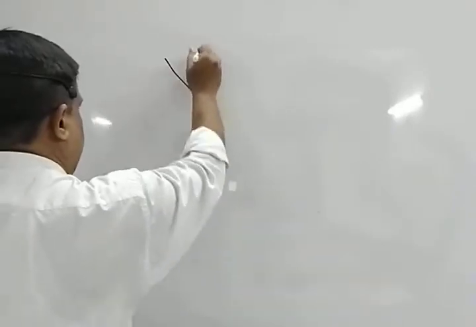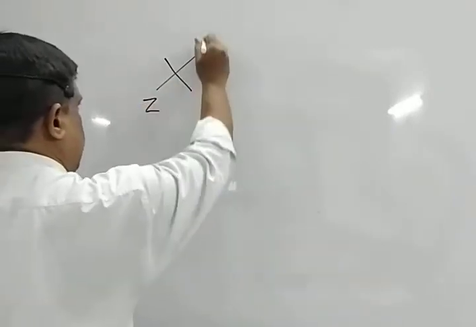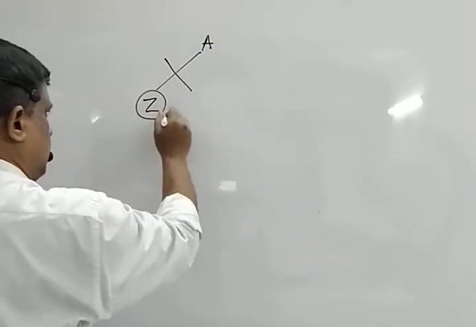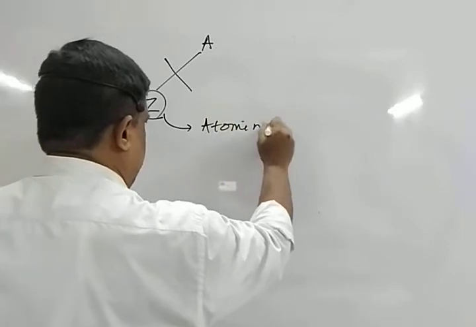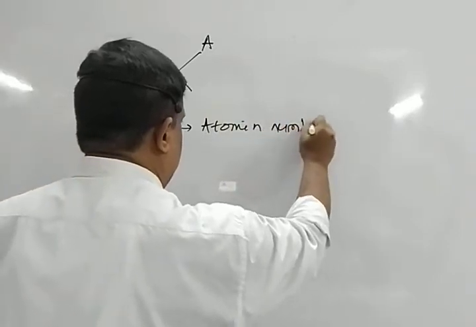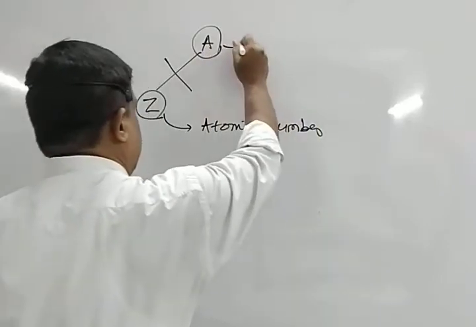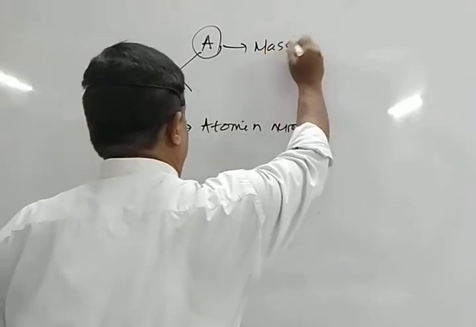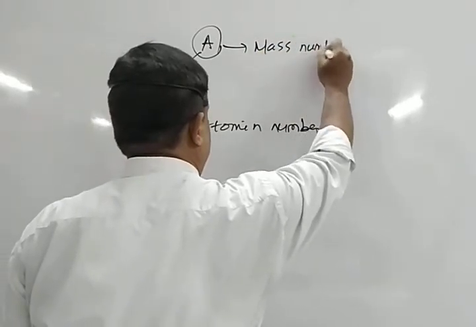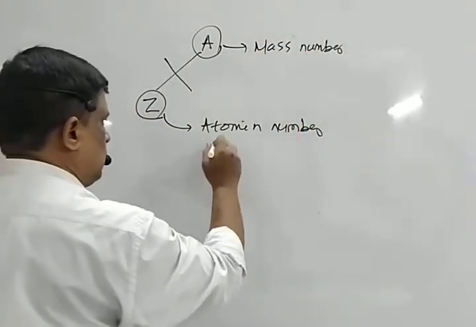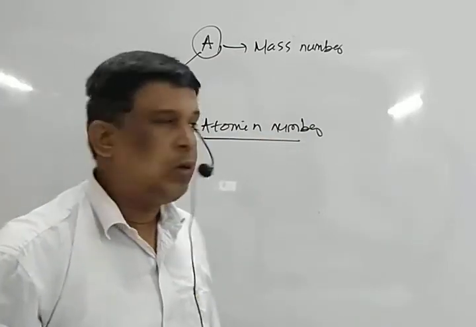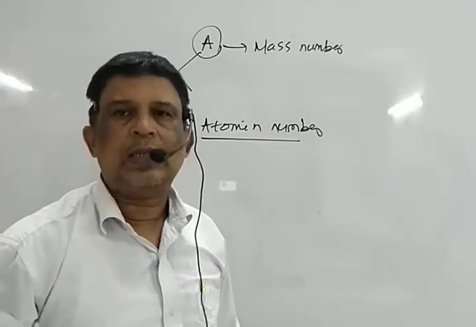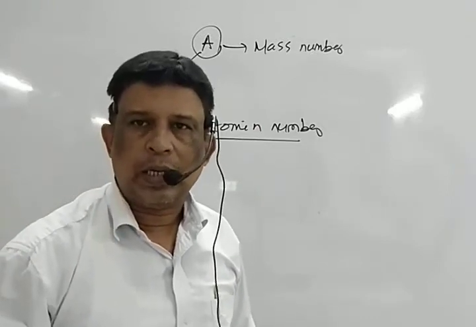Symbolically, mark that. We represent it as X with Z and A. This Z represents atomic number, A represents mass number. That means atomic number means number of protons or electrons, and mass number means the number of protons and neutrons.